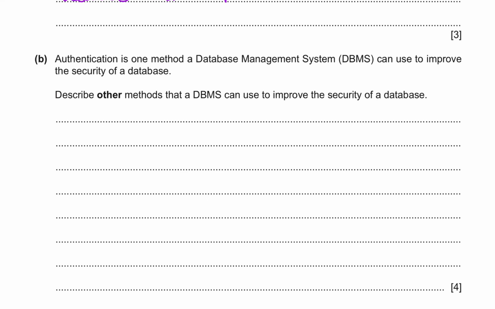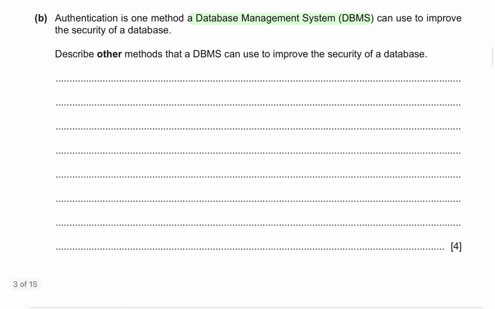Authentication is one method a DBMS, database management system, can use to improve the security of a database. So describe other methods that a DBMS can use to improve the security. You have to describe 4 methods.